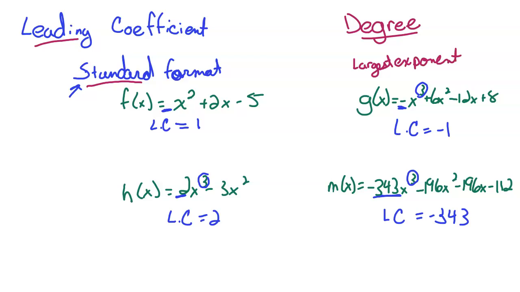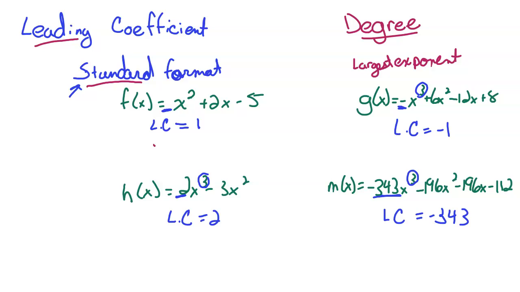Think about it. These polynomials right here, these four that we're looking at, are already multiplied out. So we already know the largest number of x's that have been multiplied out.